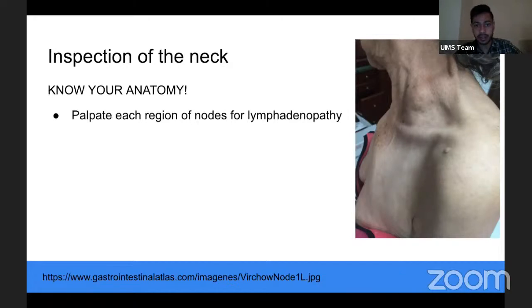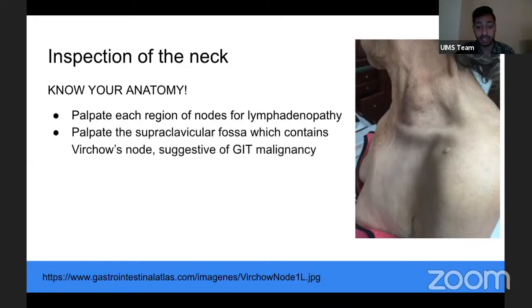As we know, there are numerous lymph nodes in the head and neck region, but these lymph nodes all drain different parts or different organs. The most important lymph node here is usually in the supraclavicular fossa.